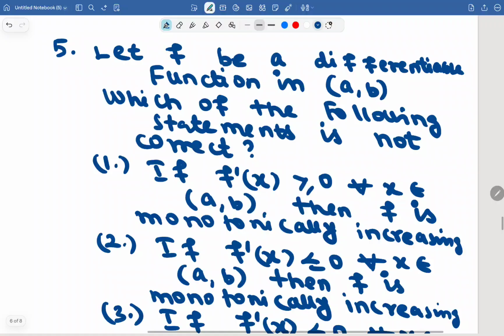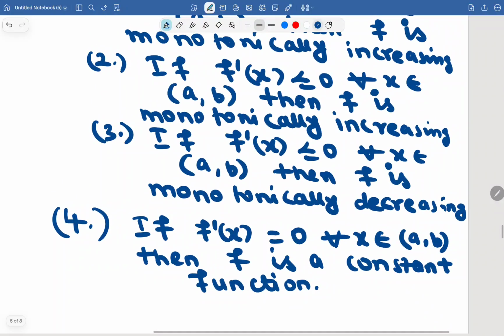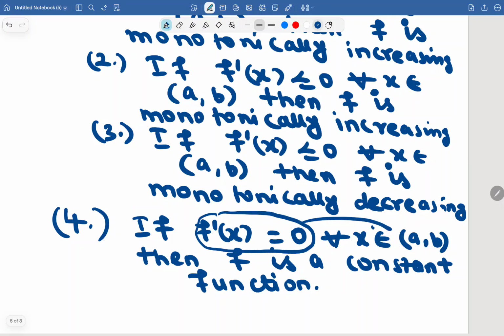See, in this problem f is defined as a differentiable function in open interval a comma b. We have to choose the false statement, that is not correct. See the last statement, f dash of x is 0 for all x belongs to a comma b, f is a constant function.